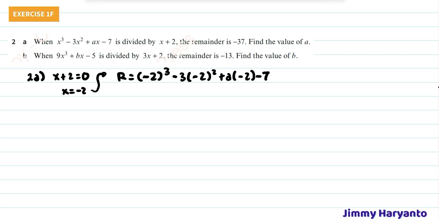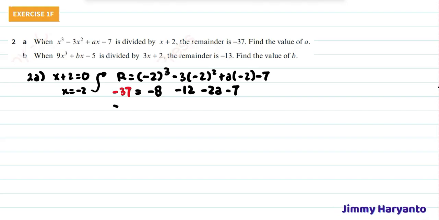Because the remainder is already given, we can replace the r with negative 37, like this, equals negative 8, and then this one is negative 12, and then this one is negative 2a, and then minus 7.